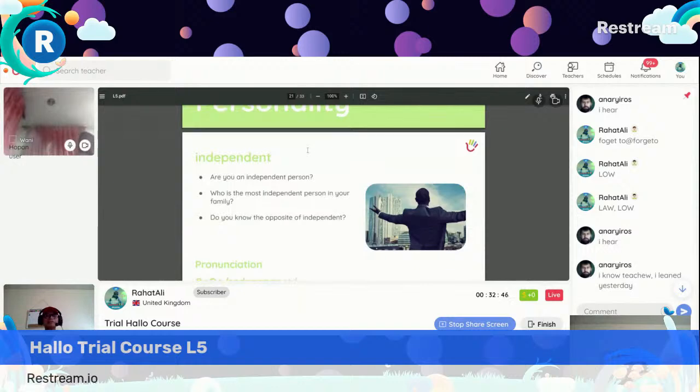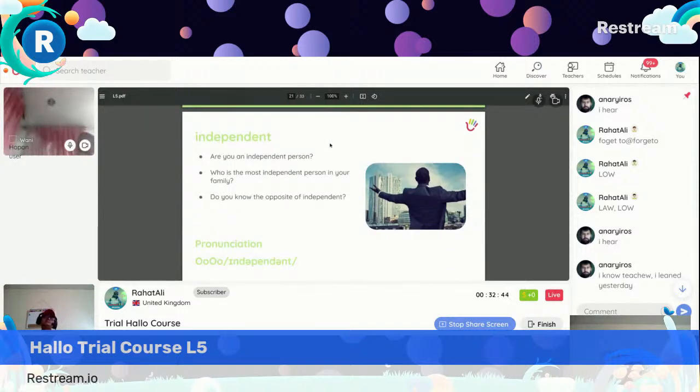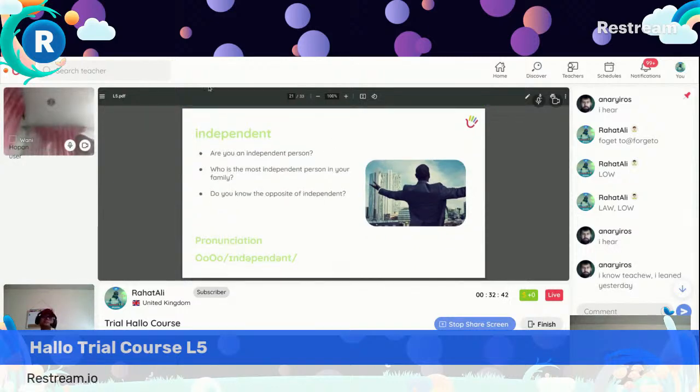Independent. Are you an independent person, Wani? I think so. You think so? Okay. I think so because I have a big gap between my siblings. So when my parents grow old, I have to be independent. I need to complete and settle my stuff by myself.